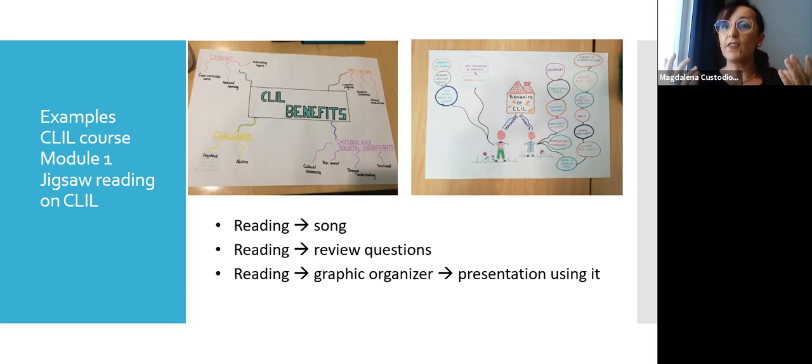For instance, a song of their favorite singer, a version with the lyrics of the music, and then changing the lyrics of the song. Or create a Kahoot or a Mentimeter to test their classmates when reading a document, looking for interesting questions. Or reading something, organizing the information, understanding the relationship of the ideas in this document, and then creating a Draw My Life, these animated drawings that explain things.